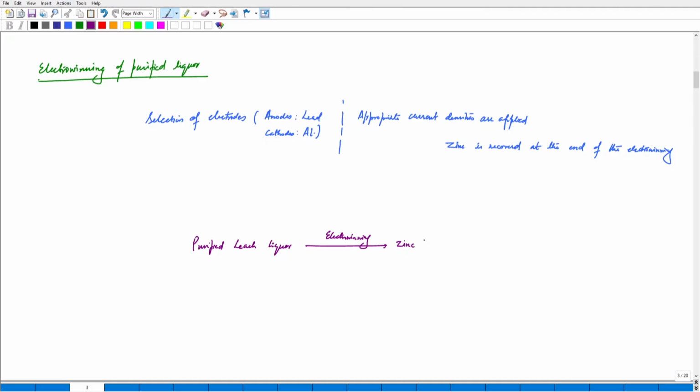So, what are we doing? These parameters again we will have to optimize, and then we can perform the experiments many times to get better zinc recovery. Finally, we get zinc, recovered from zinc ash.